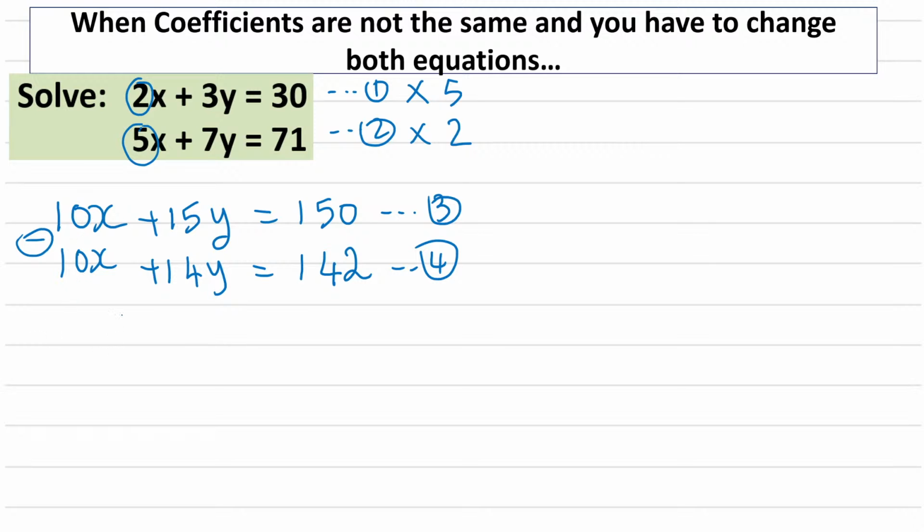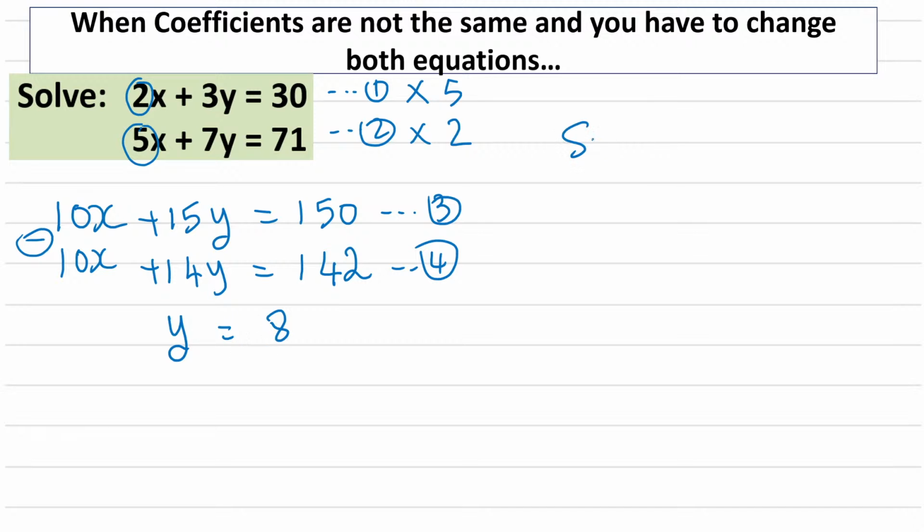That is gone. 15y take away 14y, because they are both positive, will just give me 1y. So y. 150 take away 142, that's just simple, 8. So therefore y is equal to 8.